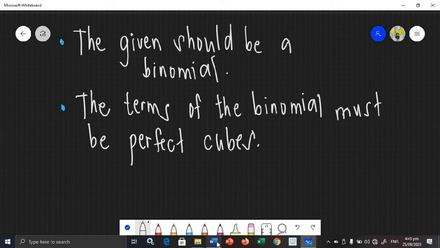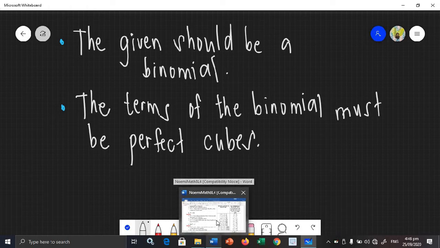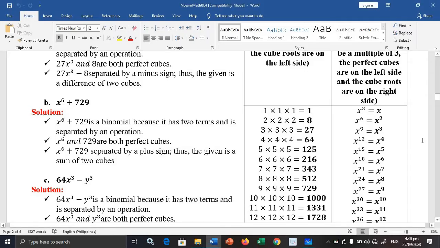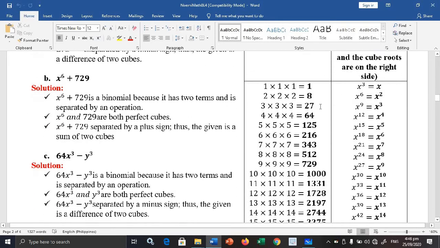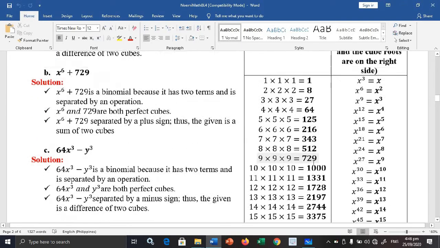Nakalist lahat doon ng mga perfect cubes, numbers, and variables. So, these are the list of the perfect cubes in terms of numbers or constants and variables. Sa numbers, we have 1, 8, 27, 64, lahat ng naka-highlight or naka-bold dito sa table.